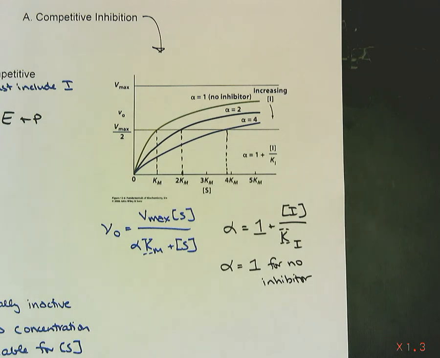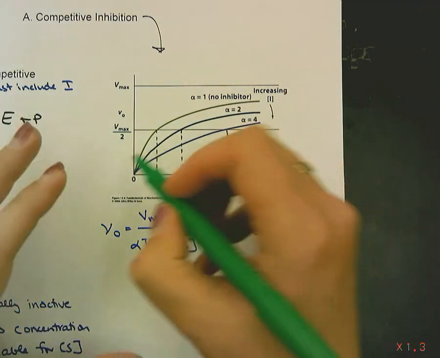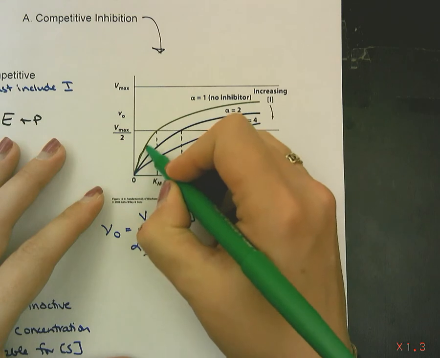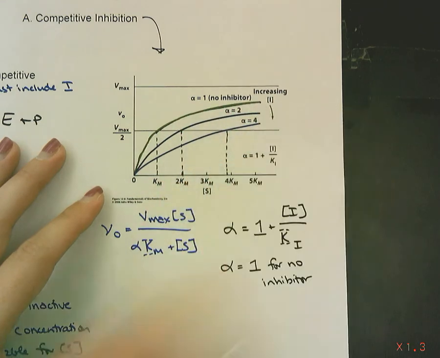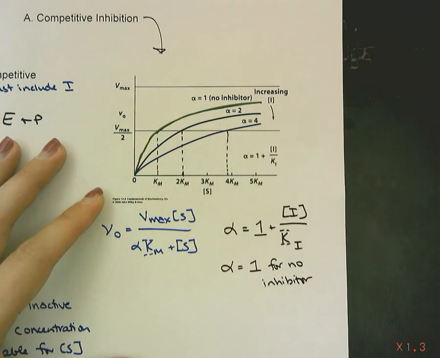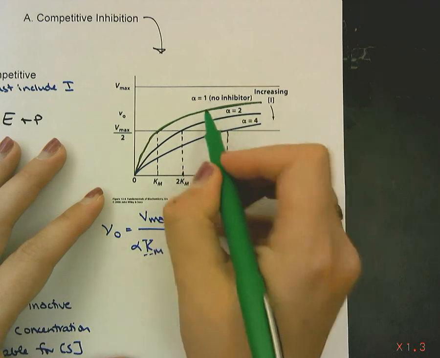If you print it off in black and white, you'll want to use some colors from this point on, just so you can tell them apart. So if I have no inhibitor, this is my original, no inhibitor, where alpha equals 1.